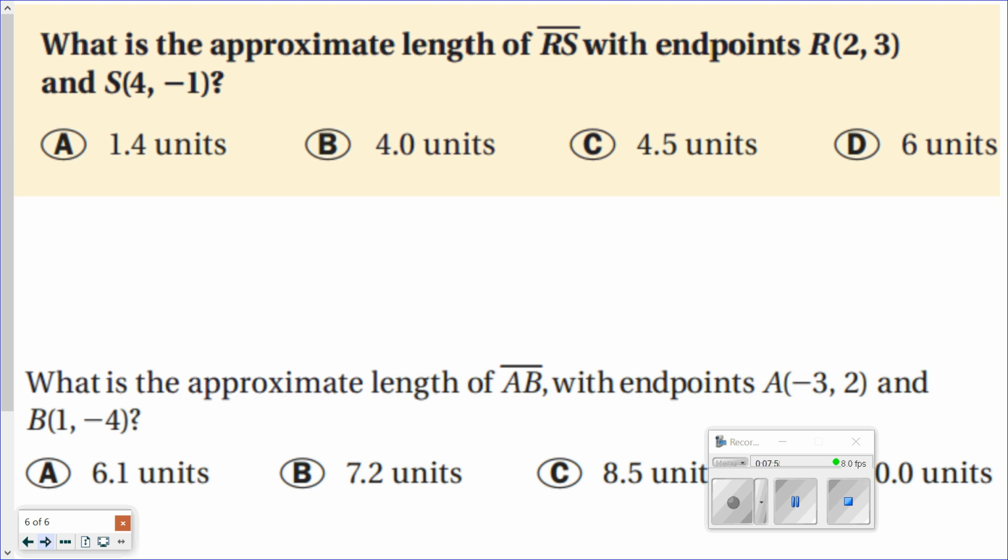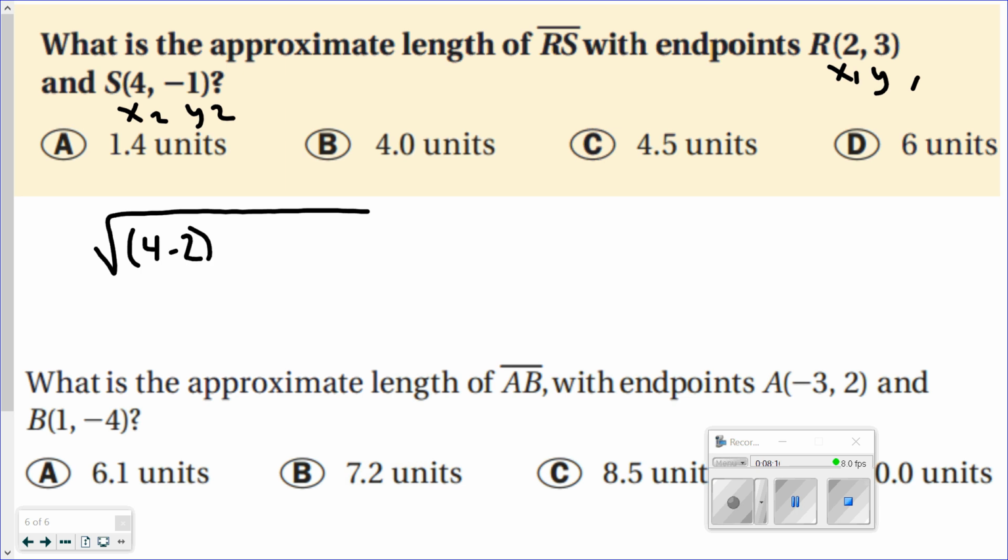The first thing I need to do is label my coordinates. So I'm going to call this guy x1, y1, and this x2, y2. All right, so let's plug everything into the distance formula. So I'm going to have the square root of (4 minus 2) squared plus (negative 1 minus 3) squared.